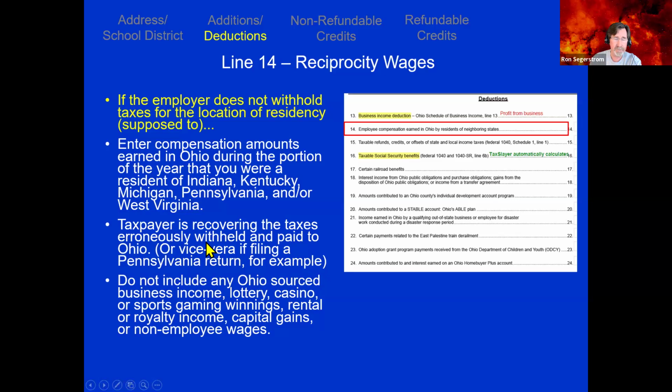And likewise, if we have an Ohio resident who did work in Pennsylvania and the Ohio business deducted for the state of Ohio instead of the state of Pennsylvania, we can deduct that amount right here in line 14 to get him that money back. But he's ultimately going to have to pay that money to the state that he's a resident of.